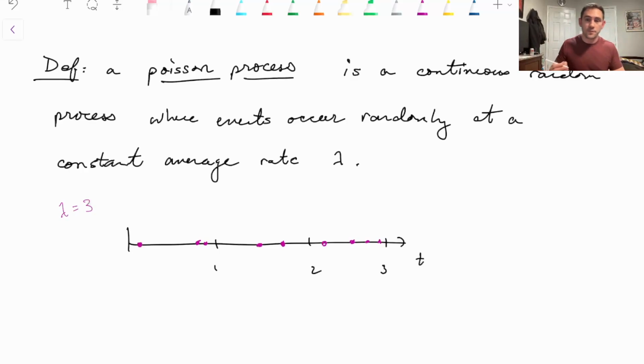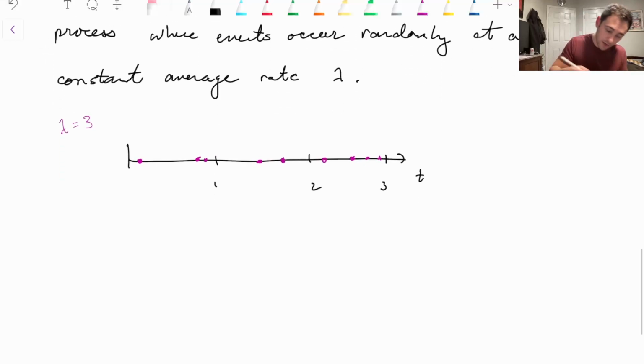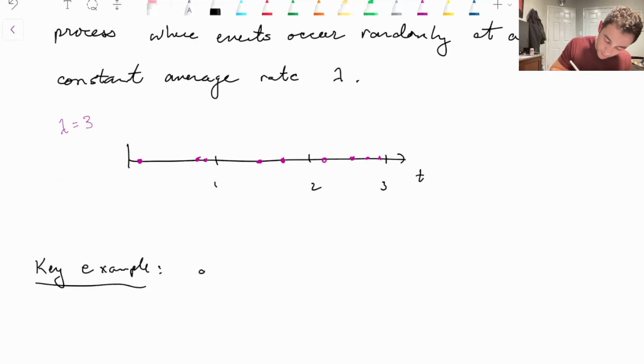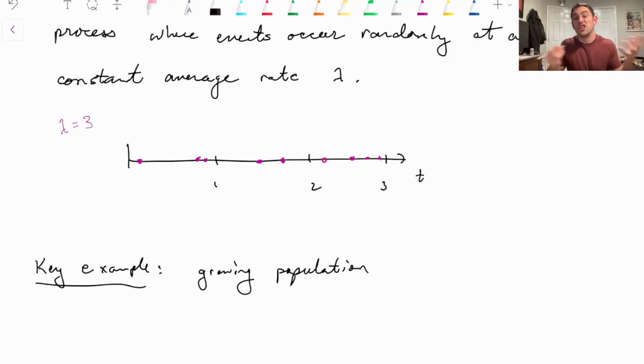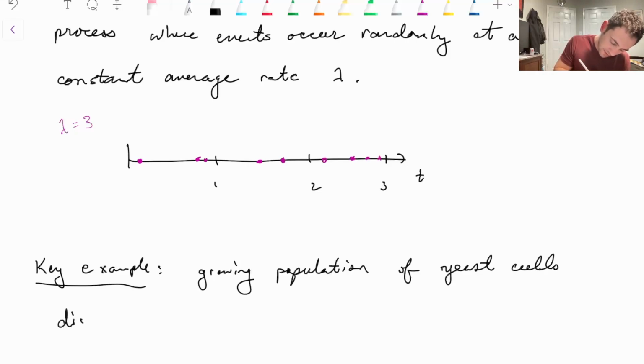So a key example, though, or how we might implement this in a biological model, would be to imagine a growing population. I like to use a yeast cell colony, a growing population of, say, yeast cells. And they divide at a rate of lambda divisions per week.